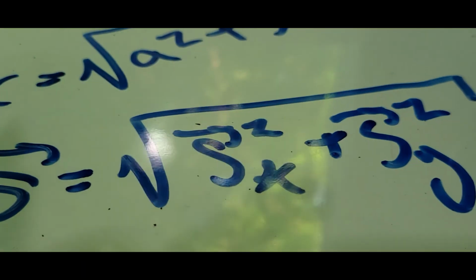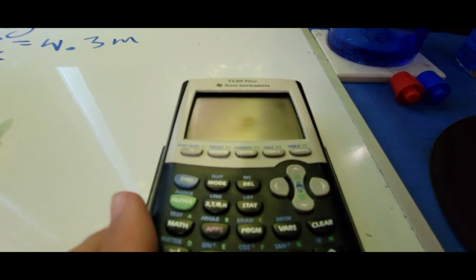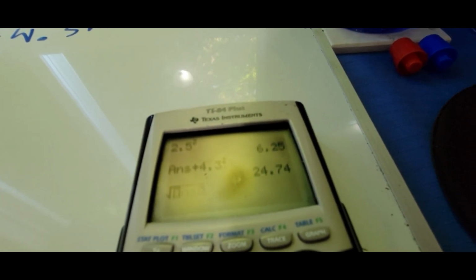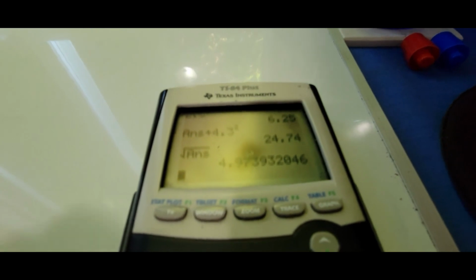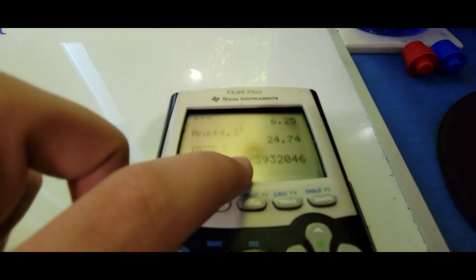Let's type that into our calculator. So we have 2.5 squared, and we're going to add that to 4.3 squared, and take the square root of that answer. Our answer is going to be approximately 5 meters.